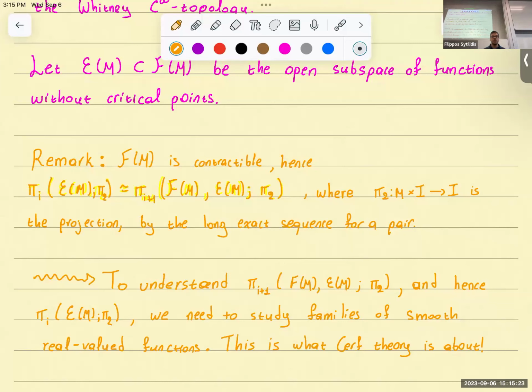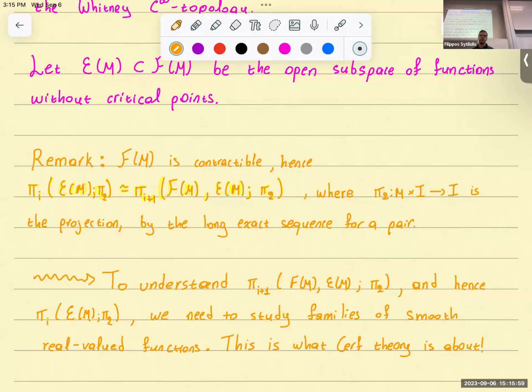Here, you want to look at that again, but now relative to epsilon of M. So a loop is now going to be trivial if it's homotopic to a loop that can live entirely inside epsilon of M. Previously, if I just look at pi 1 of F of M, a loop there would be trivial if it's contractible, if it can be homotoped to a point.